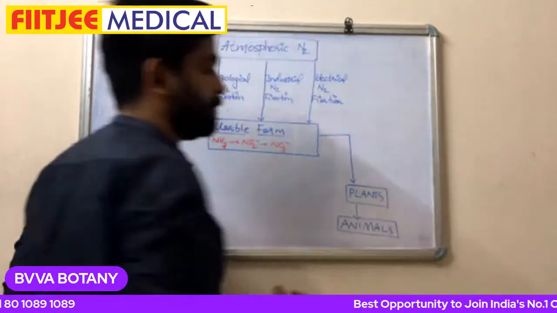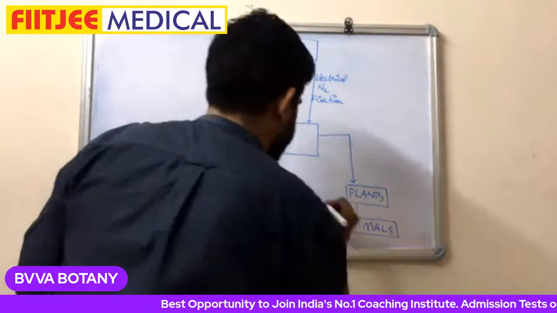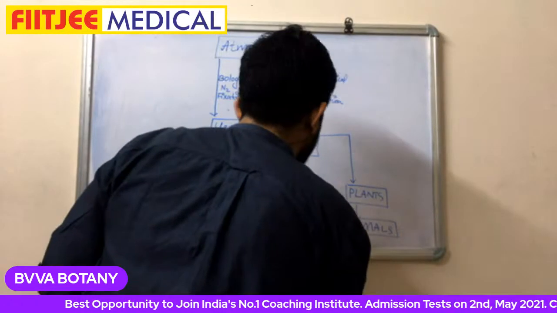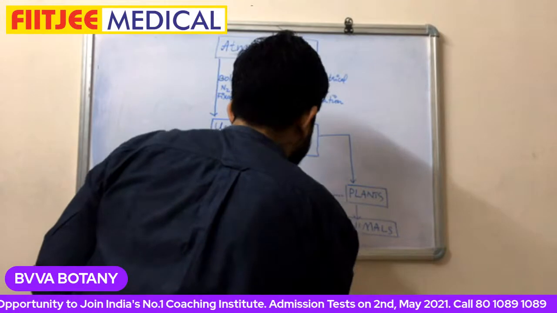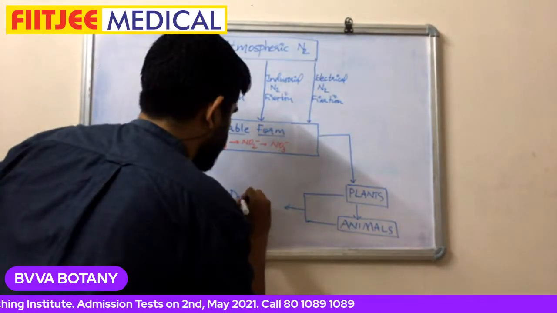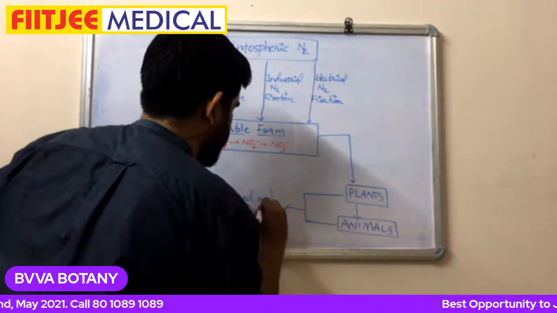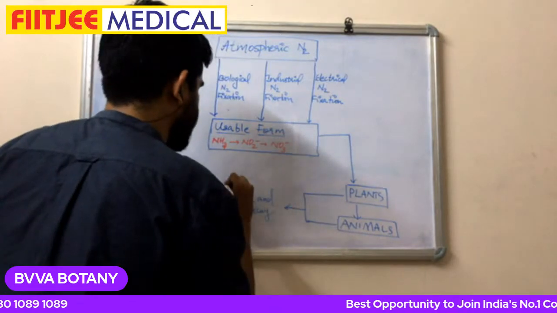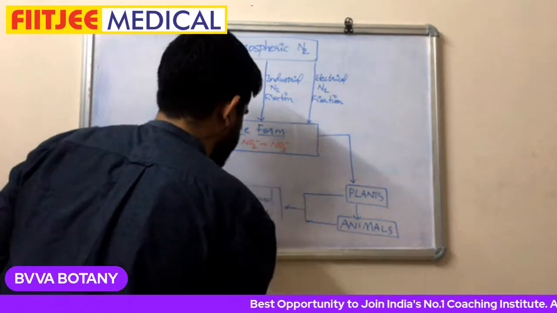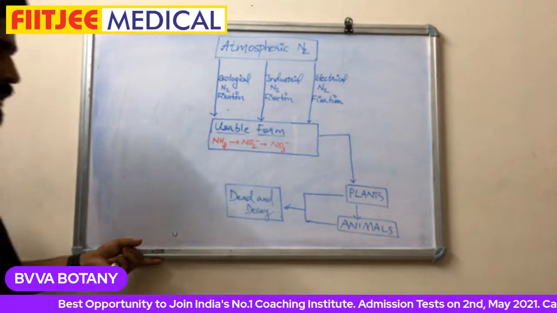Inside the animals. Now what will happen? The plants as well as the animals, over time, will die, which means they decay. Dead and decay. Over a time period, they will be dead and decayed.